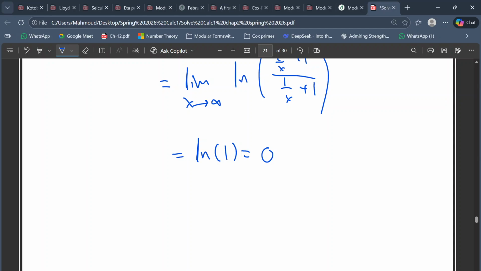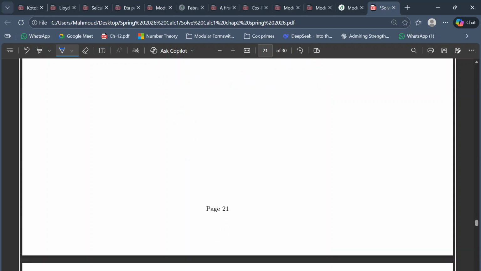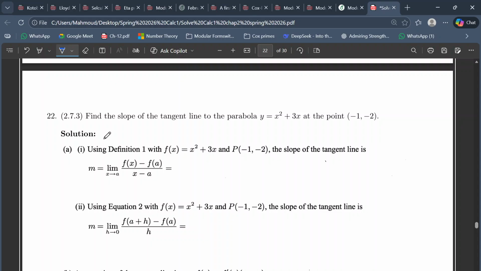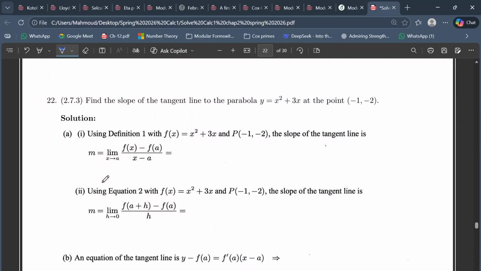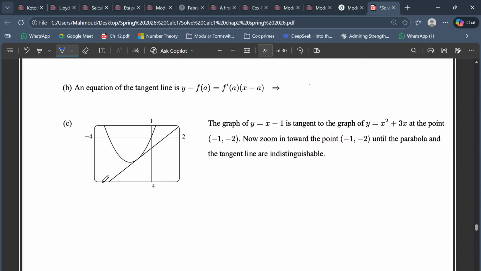Now I need your help, okay? Find the slope of the tangent line to the parabola y equals x squared plus 3x at the point (-1, -2). What do you think? It's strange here.